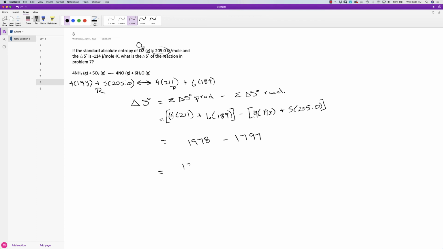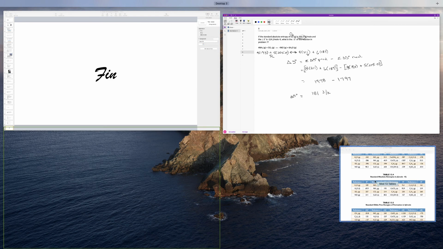That gives us 181 joules per Kelvin, and that is our change in entropy. Same formula that we used before. Just remember, it switches the product and the reactant for this, and we use the table.